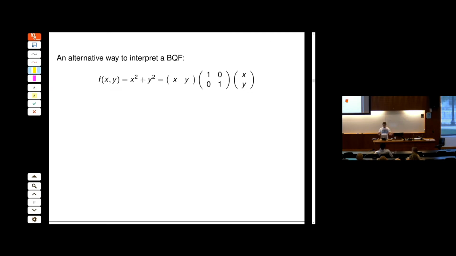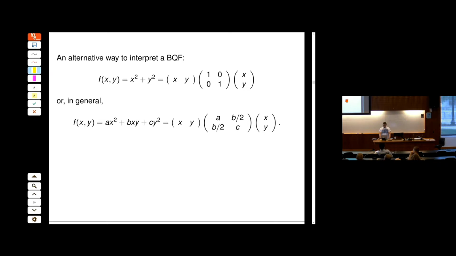And now what I'm going to do is just find all the families that are related by one such change of variables. Okay? By the way, there's an alternative way to interpret a binary quadratic form, which is by representing it as a triple product of a vector, a matrix, and a vector.